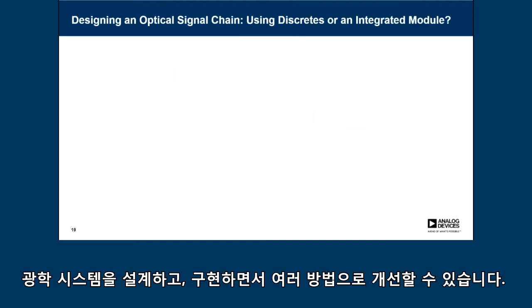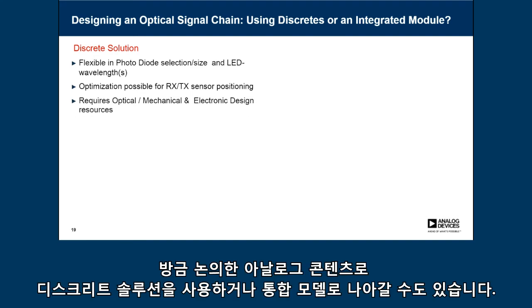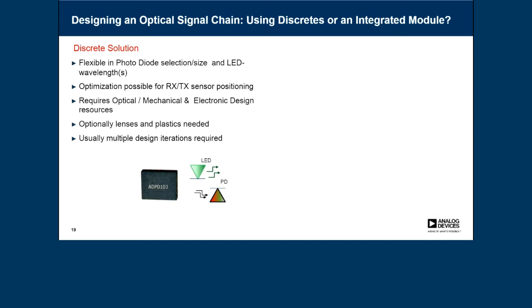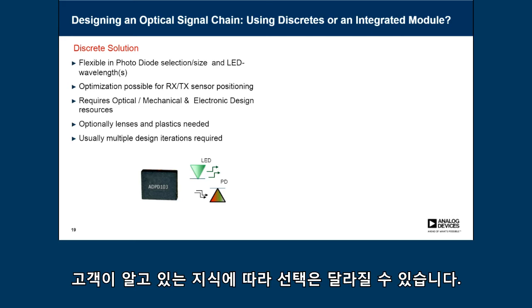So while you build and design an optical system, there are different ways of moving forward. Either you can take a discrete solution with an analog front end that we just discussed, or you could move to an integrated module. The selection really depends on the knowledge that the customer has.